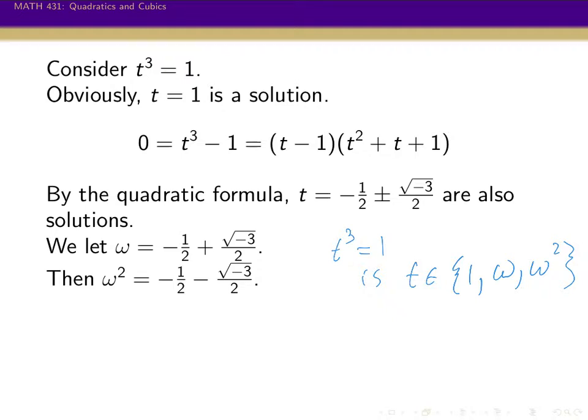And so what this is telling us is that when we take the cube root of something, if we want t cubed to be equal to a, the 3 solutions to this are actually the cube root of a, which is the real solution, and then we have 2 complex solutions, which are omega times the cube root of a and omega squared times the cube root of a.